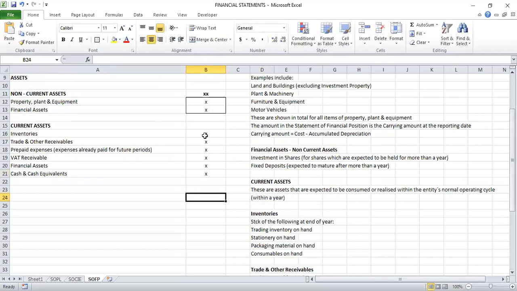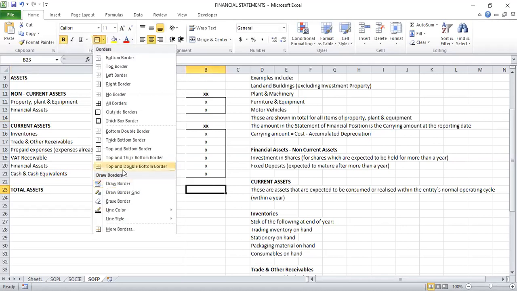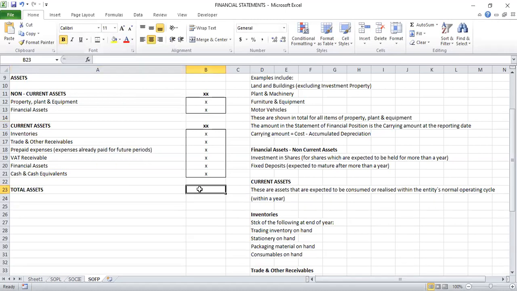Then we add up our current assets. We get our total current assets. Then we get our total assets. Right.